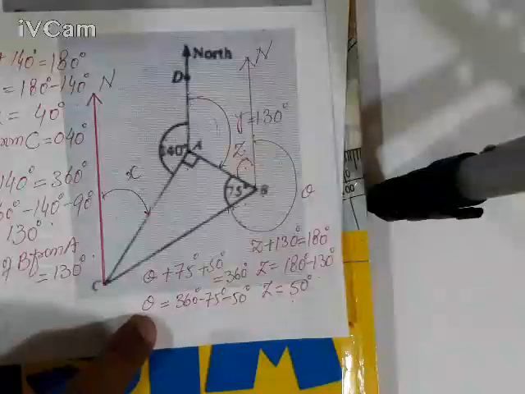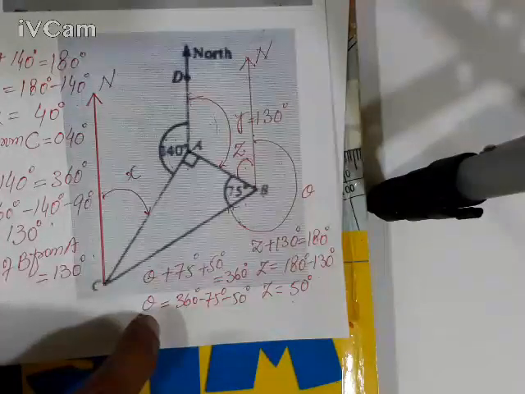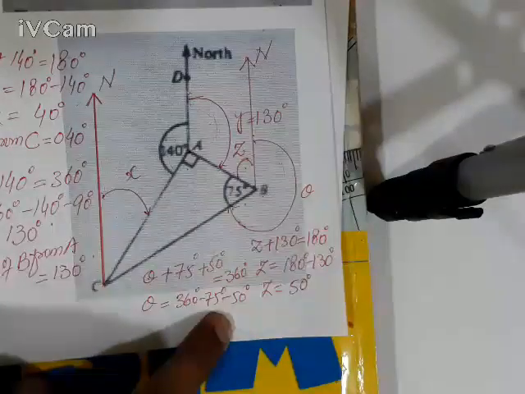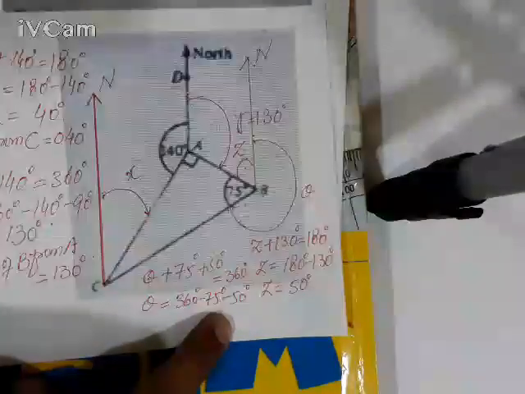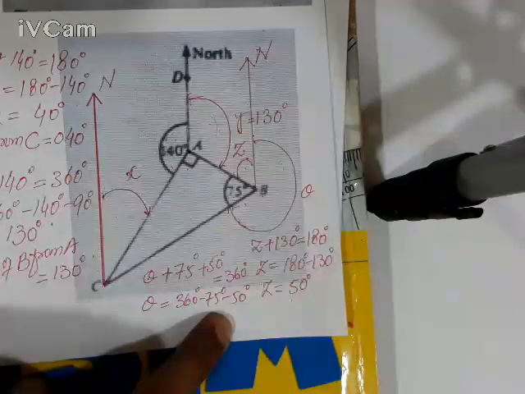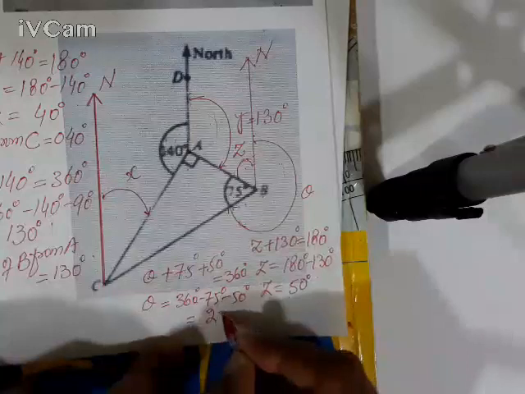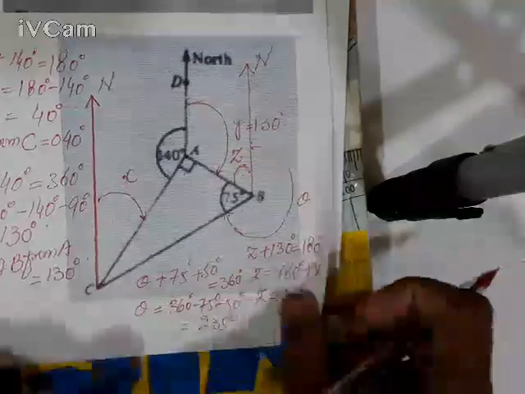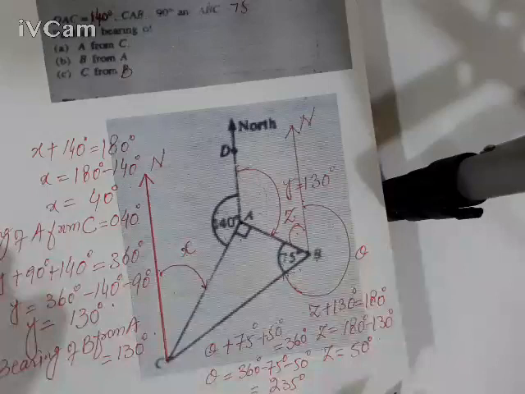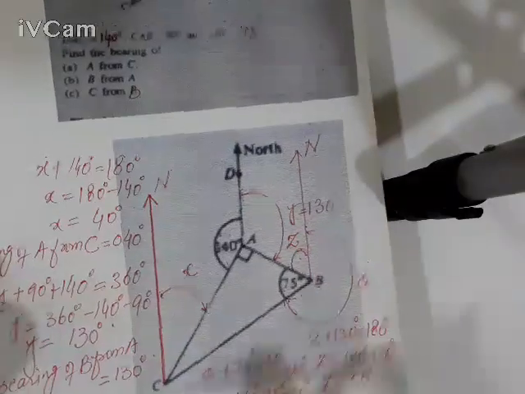Now we have to subtract these angles. Now 360 minus 75 degrees minus 50 is equal to 235 degrees. Now this is the bearing of C from B.